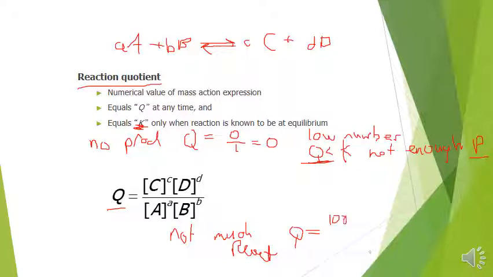So the product to reactant is 1,000 over 1. Let's say it's not at equilibrium. You can see that Q is very large. So if Q is greater than K, that means there's not enough reactant.